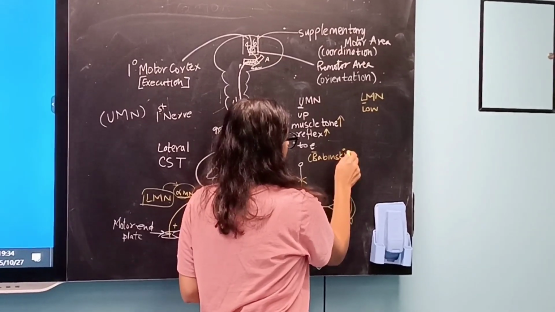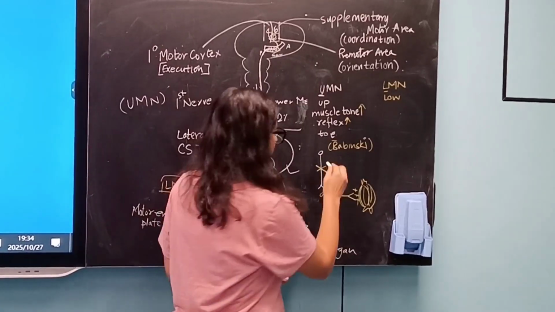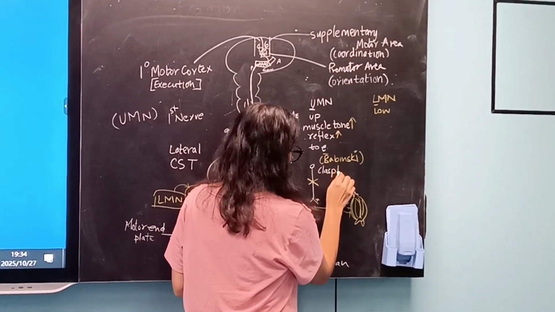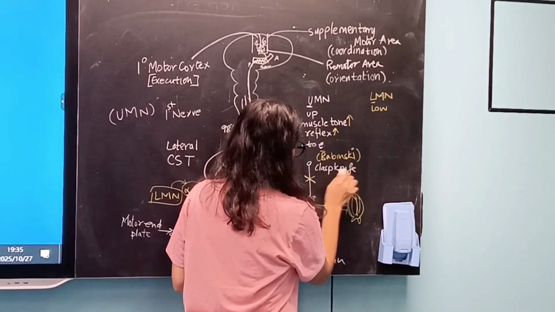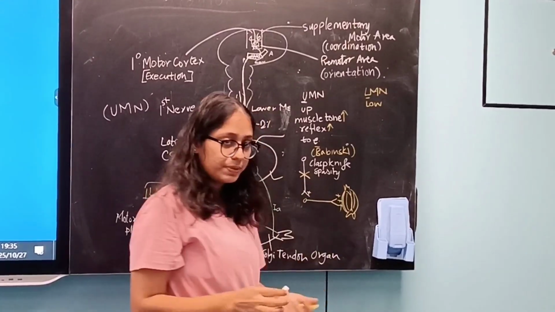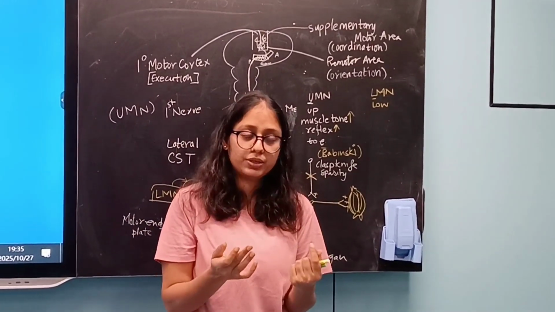And this Babinski is in UMN, all these are the features, and also one more thing, the clasp-knife spasticity. If you have seen a clasp-knife, it will be easy for you to understand.